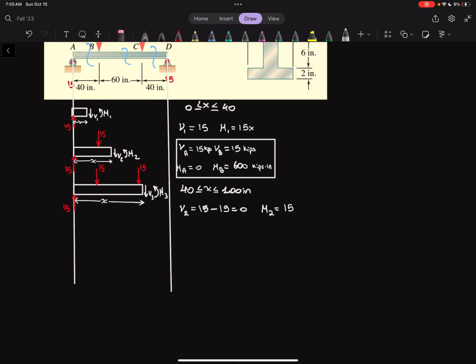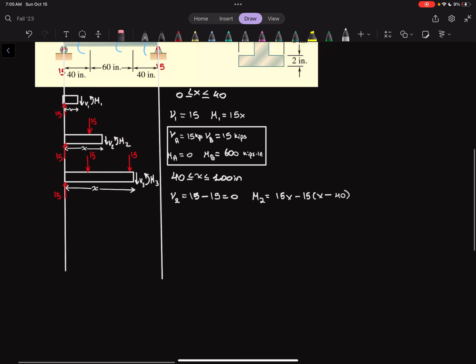My first 15 is going to be 15x, and then that's going to be a negative moment because it points downward. Well, that's not the convention. The convention is that if it makes it smile, it's going to be a positive moment. Makes it frown is going to be a negative moment, x minus 40.